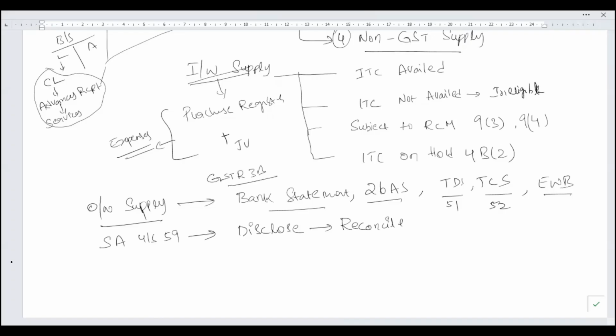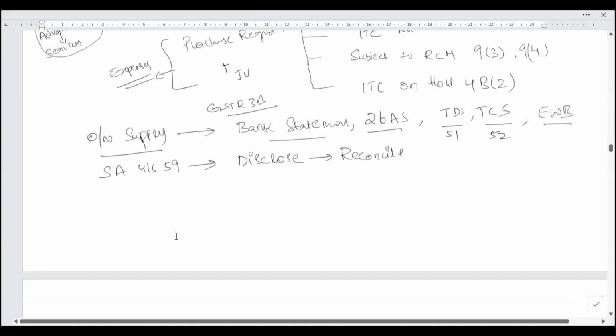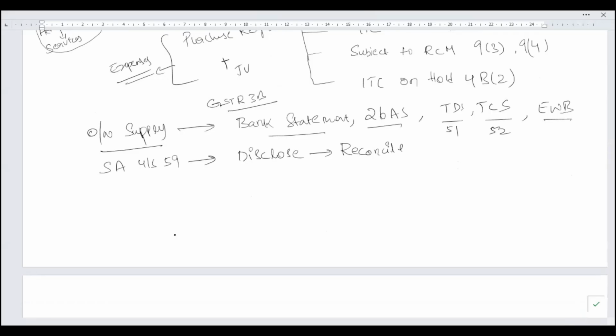This is the expectation. So month on month, when we do this filing, you need to look at your Tally or ERP or SAP, whichever is your accounting software. First, you will take the sales data from here.